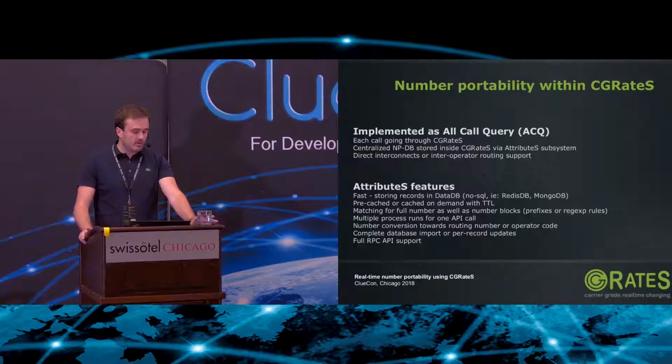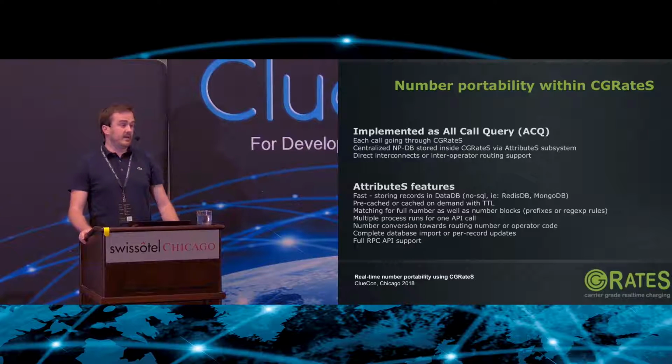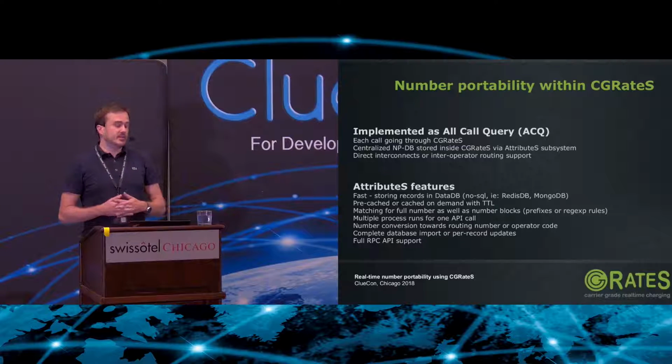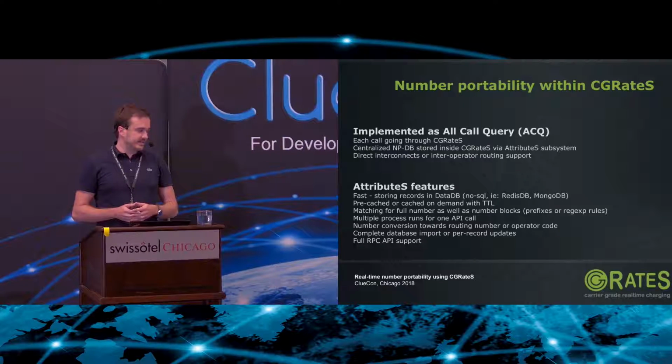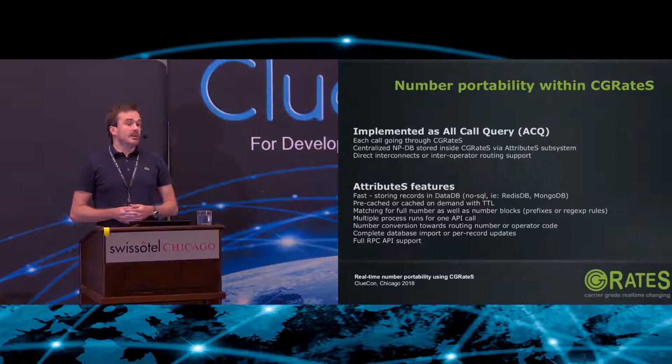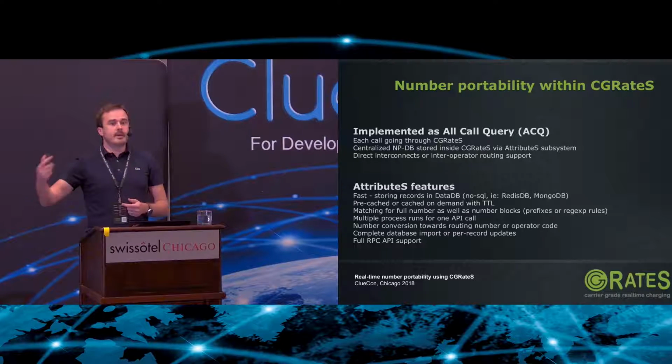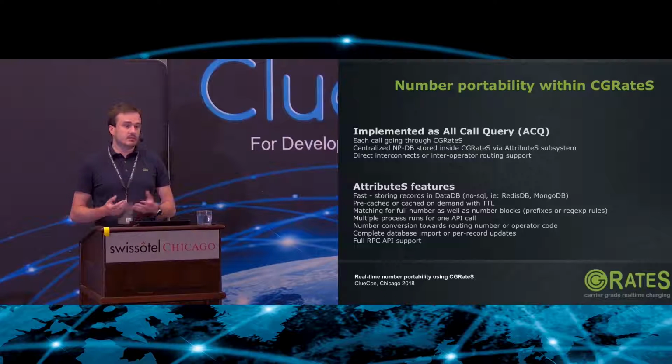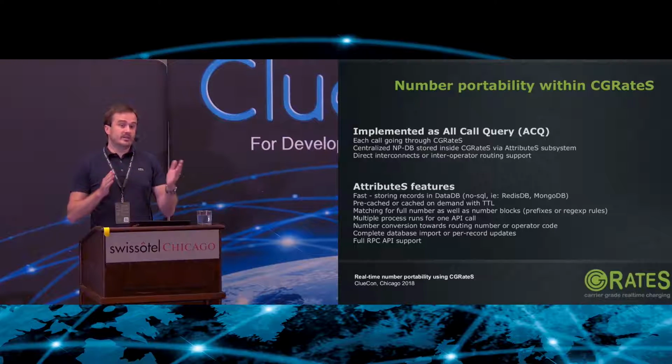We can do multiple process runs for one API call. So if your event caller and destination need to be matched, this was a typical thing for the US, because you have this intra-LATA and inter-LATA billing, and we needed not only to match the LRN conversion of the number, but also to know whether it's inter or intra-LATA.